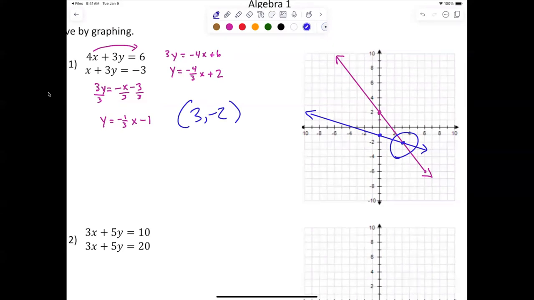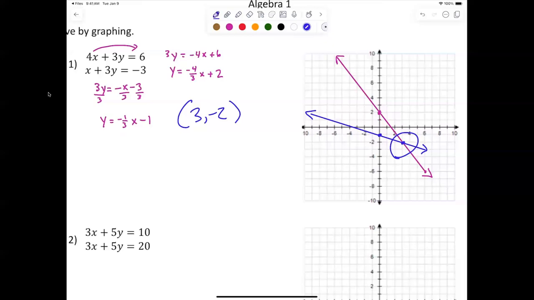Where's your calculator? No, it's not a decimal. Everybody type in -4/3 x plus 2. And then under y2, -1/3 x minus 1.